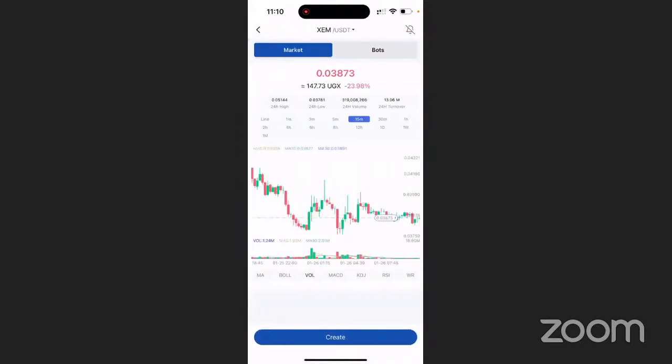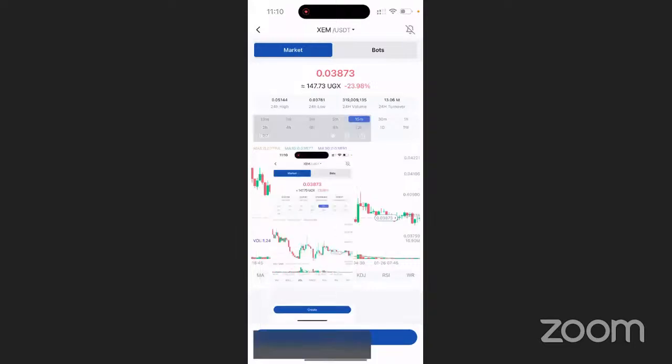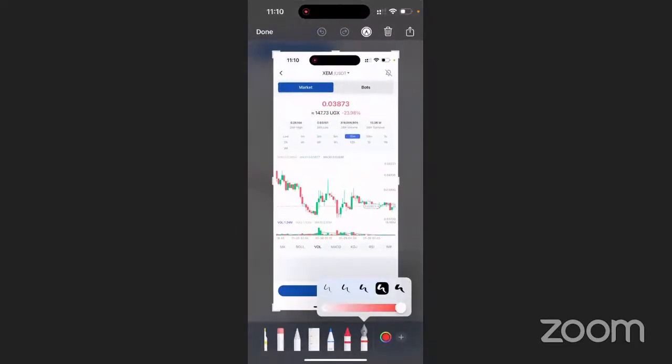The challenge is, when you open the coin, let me join with another device because iPhone doesn't show these graphs well.